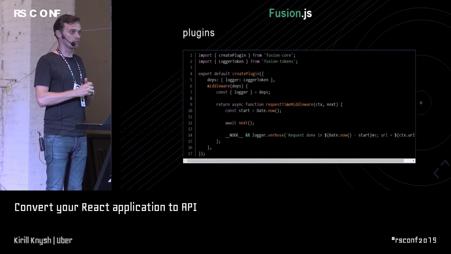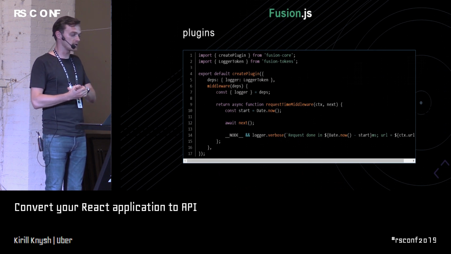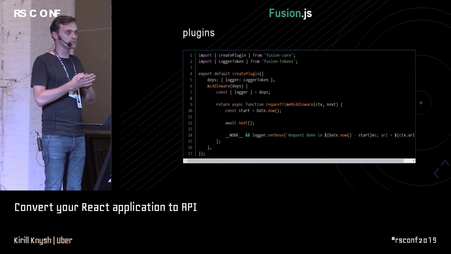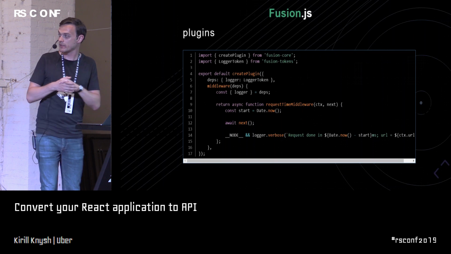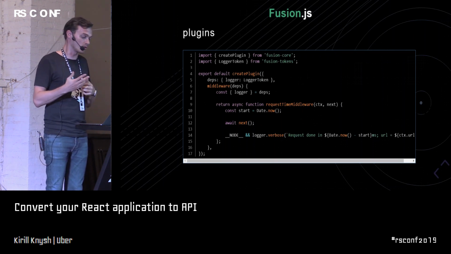This is an example of one plugin. Basically, what this plugin does is log the time spent on every request. This plugin depends on another plugin. On line 5, you may see it depends on the logger, and this dependency is created exactly by token.